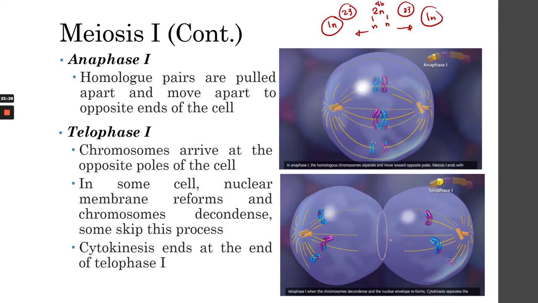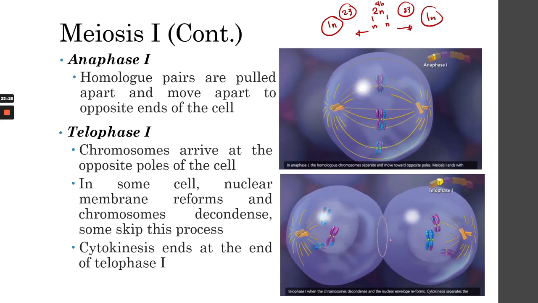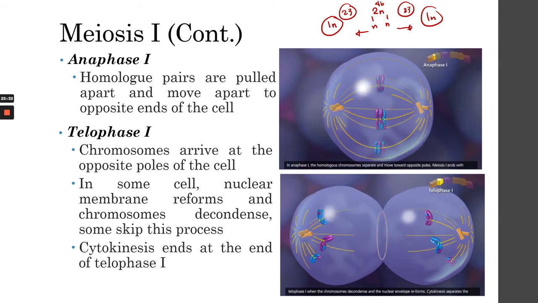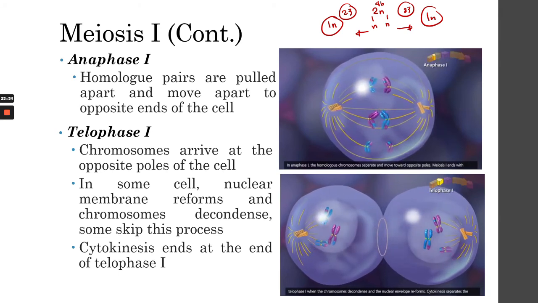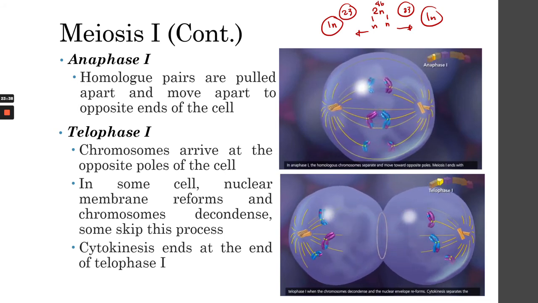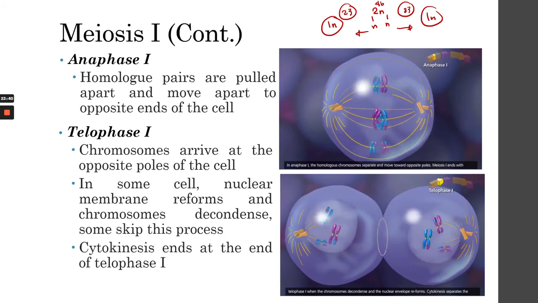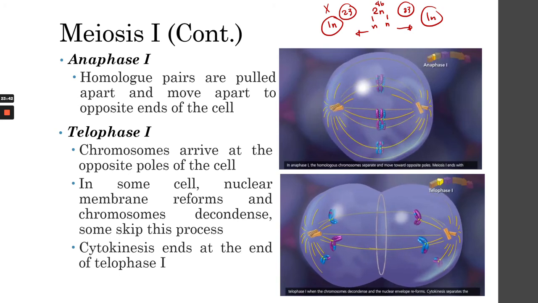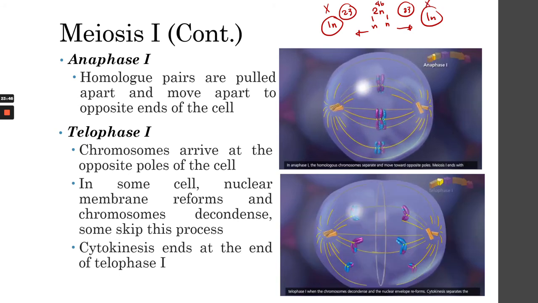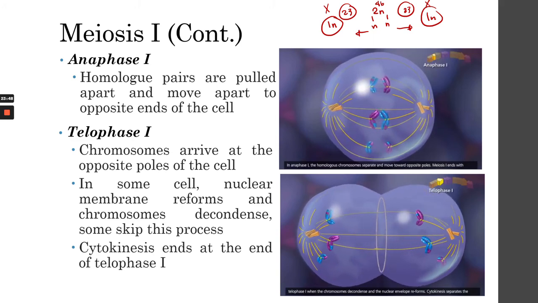So from here on out, the cell could enter G1 phase but they will never duplicate because we already duplicated this, remember, at the beginning of interphase. So they already have sister chromatids in them. And that's what we have to separate now for meiosis 2.